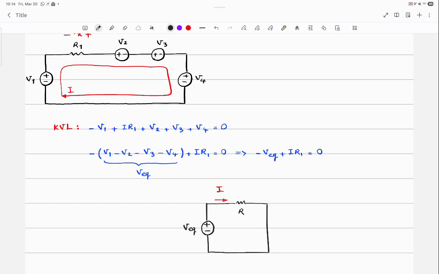The current that V1 pushes out to the circuit, is it agreeing with the current that the other sources are pushing into the circuit or actually opposite direction? This is opposite direction. See, V2 pushes it to the left, V1 pushes it to the right, okay? So that's why we end up with V1 minus V2 minus V3 minus V4. Did that make sense to everyone?